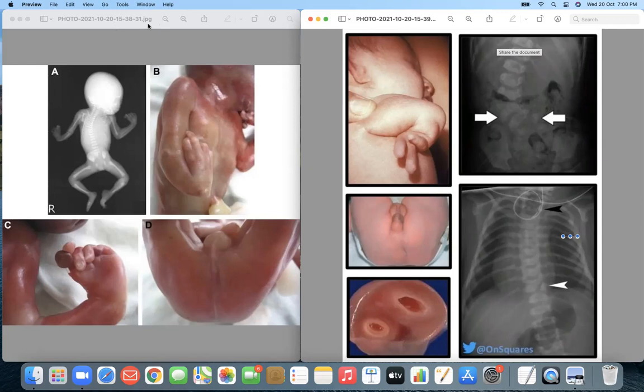For the management, as this involves multiple organs, I would like to involve the multidisciplinary team, as this child may need some surgeries.